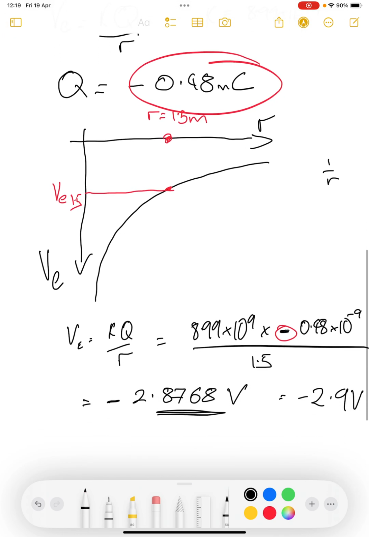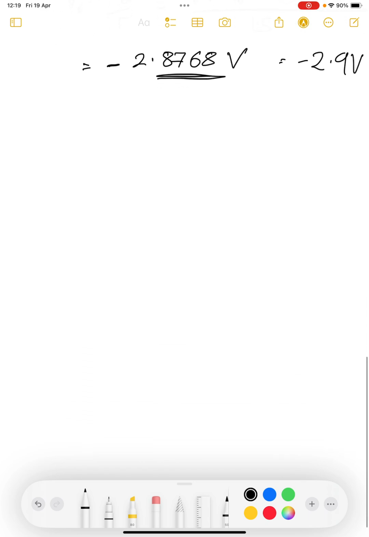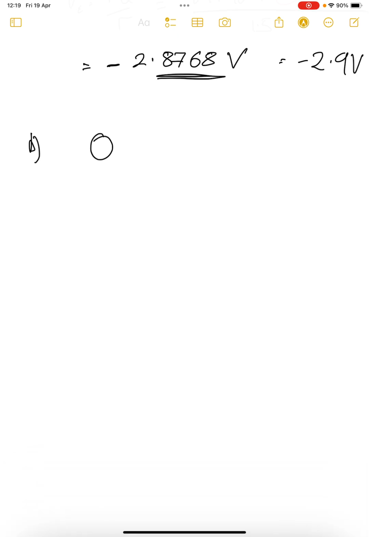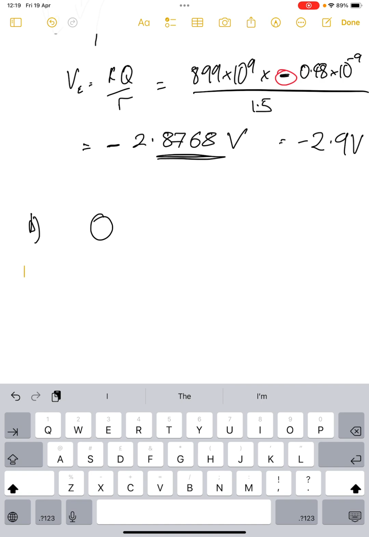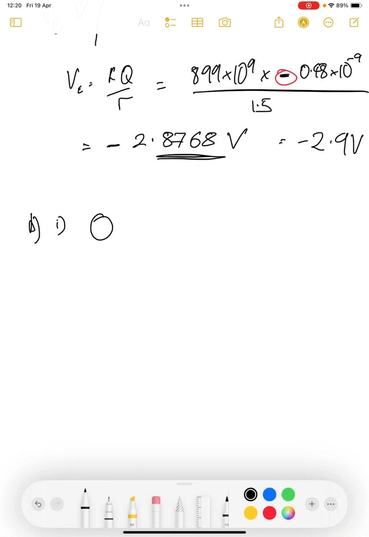So now we're going to be introducing other elements. If we go back, so now we're on part B, and in one case, let's do our diagram for case B1. You've got a negative 0.48 here, and you have, well actually it's a bigger charge, which is a bit weird, minus 1.3. Both of those are nanocoulombs.